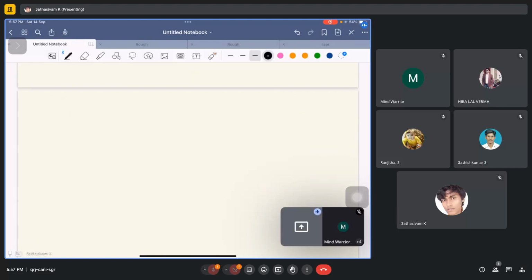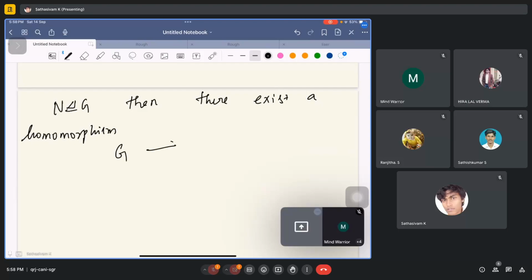Suppose you have a normal subgroup N of G. Then there exists a homomorphism from G to the automorphism of N.